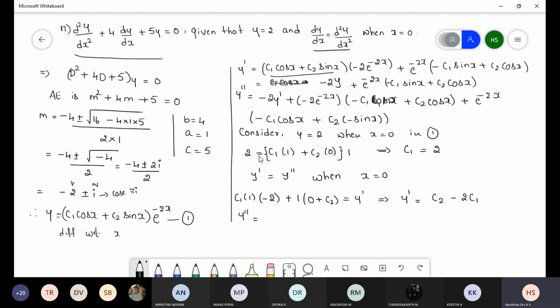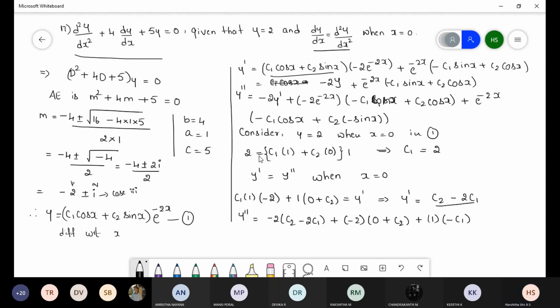Next, same thing for y double dash at x is equal to 0. So y double dash means minus 2y dash, I will write as it is. In the place of y dash I write this value, C2 minus 2C1, plus minus 2 as it is, e power 0 is 1. Then first term is 0, second term is C2 because cos 0 is 1, plus again 1 into minus C1, second term is 0.